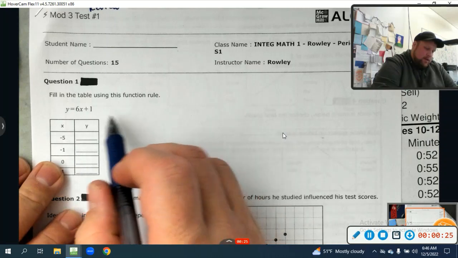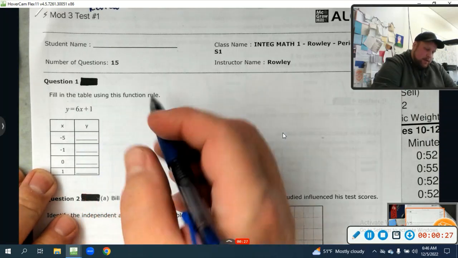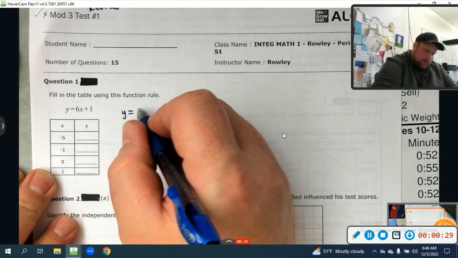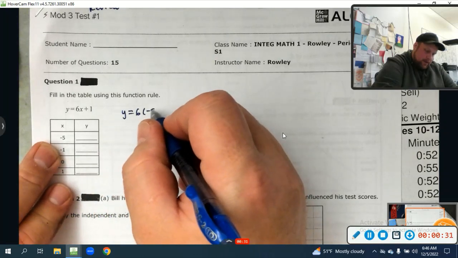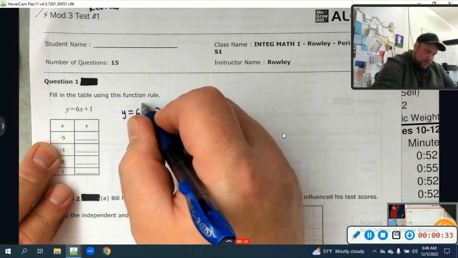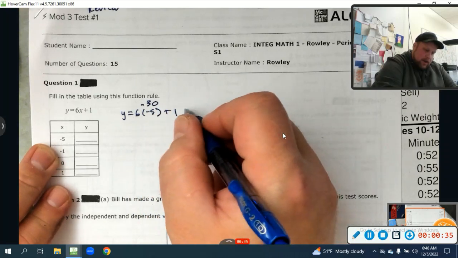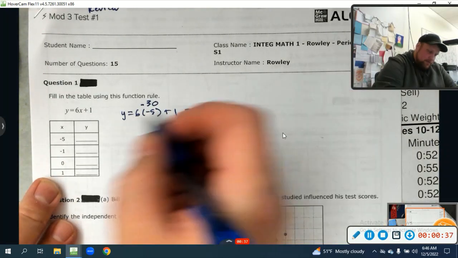Fill in the table using this function rule, y equals 6x plus 1, so we're just going to keep doing that. Y equals 6 times negative 5, plus 1, which is negative 30 plus 1, or negative 29.